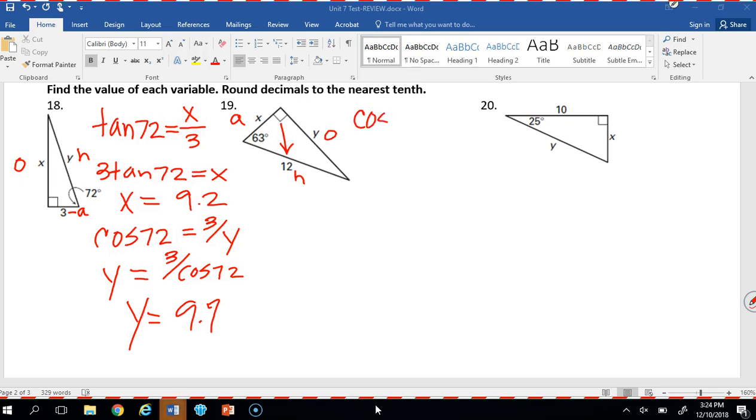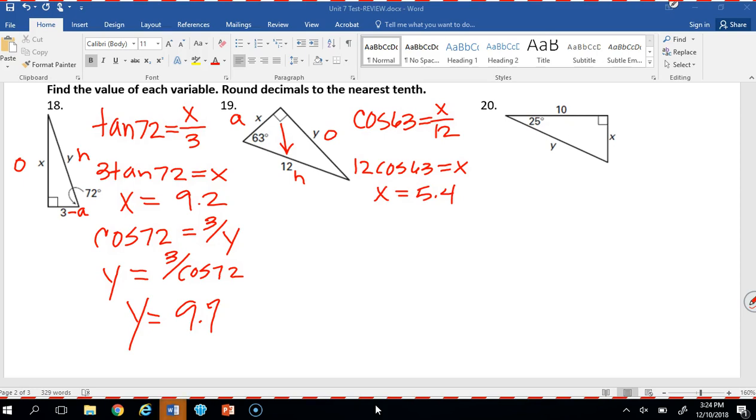So the cosine of 63 equals adjacent over hypotenuse, which would have been x over 12. Again, we multiply both sides by 12, so 12 cosine of 63 equals x. So our x is going to be 5.4.